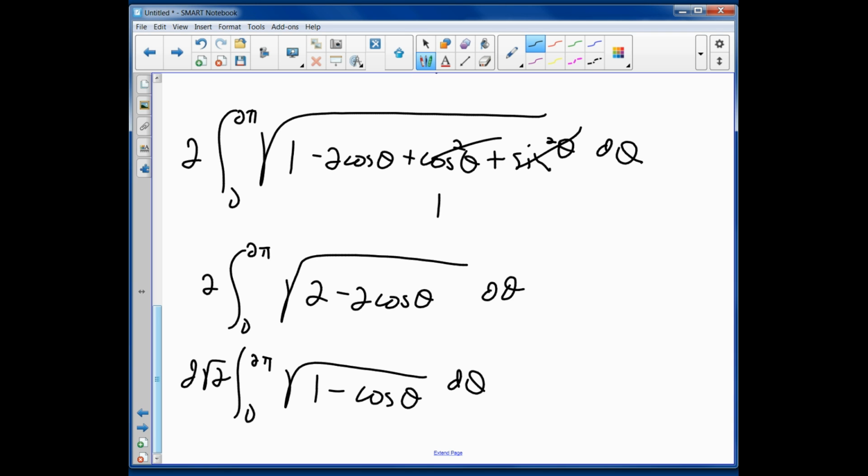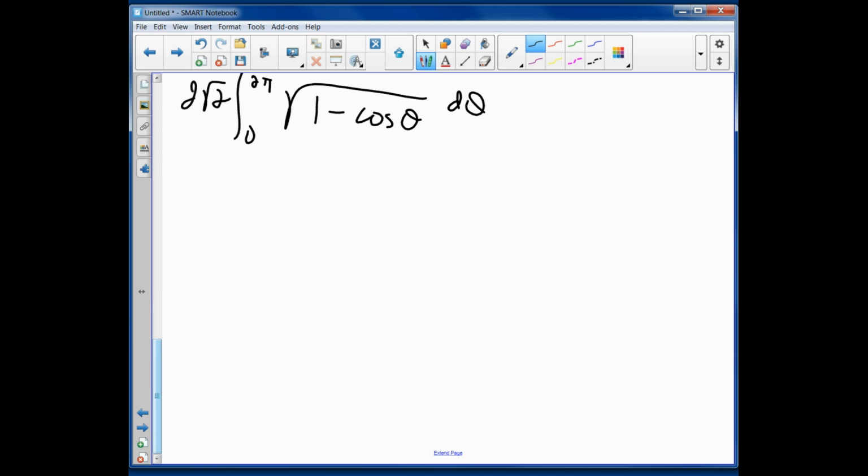Taking the double angle and reworking it. So what if we took sine squared u equals 1 minus, hang on, let's do it this way. Cosine of 2u is equal to 1 minus 2 sine squared u.